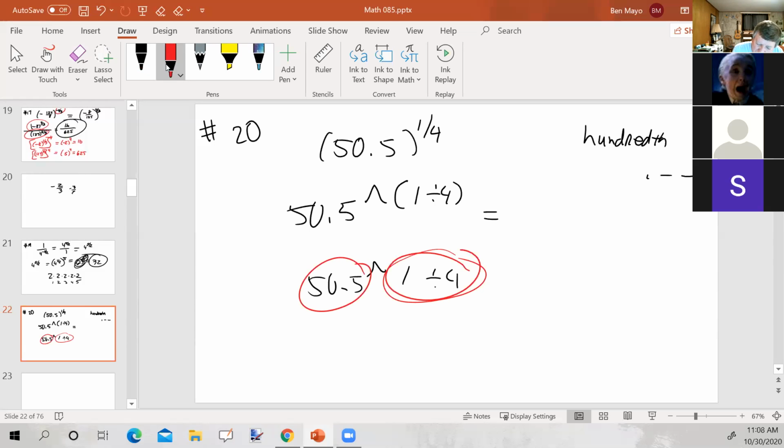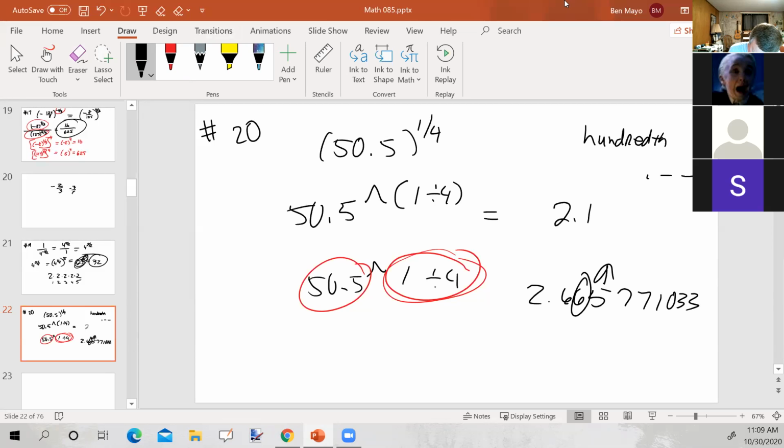We're taking the exponent and dividing it by 4. So 50.5, caret, parentheses 1 divided by 4, close it up. And I'm getting 2.665771033, and so on. Here's the hundredth place. The 5 would round up, so we get 2.67 as the approximate solution.